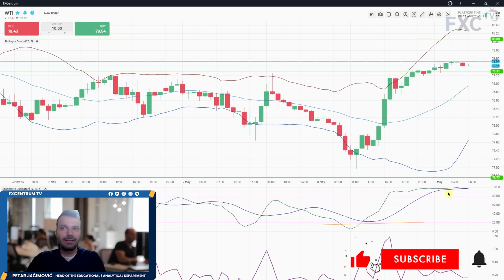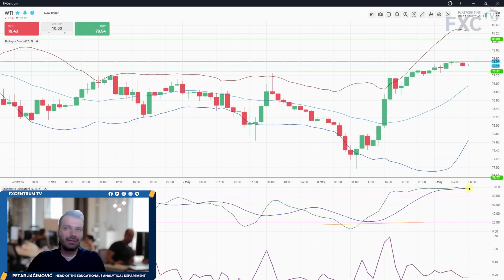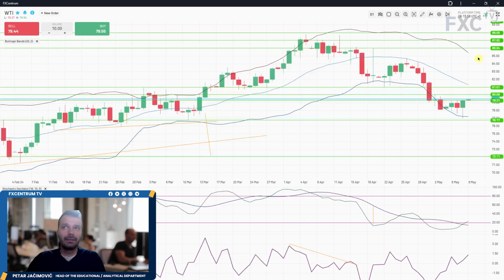But now, as you can see, fast and slow line is pretty much full around this 100 mark. So if we find a higher high after the pullback, that will be a good sign for potential rally towards this, let's say, 81 mark, middle Bollinger Band on the daily time frame.